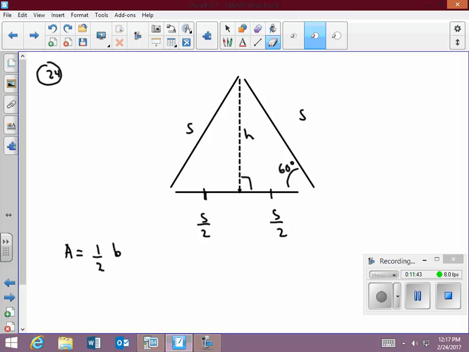So what we have to do is get the height in terms of S. Well, in a right triangle where you have a 60-degree angle here, this height is the square root of 3 over 2 of the hypotenuse.